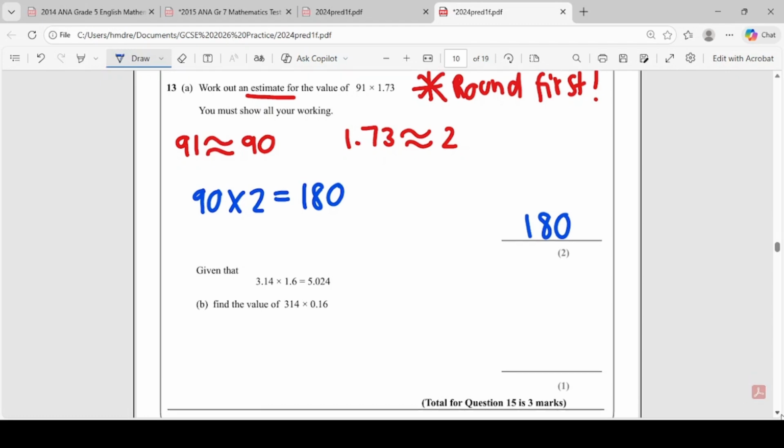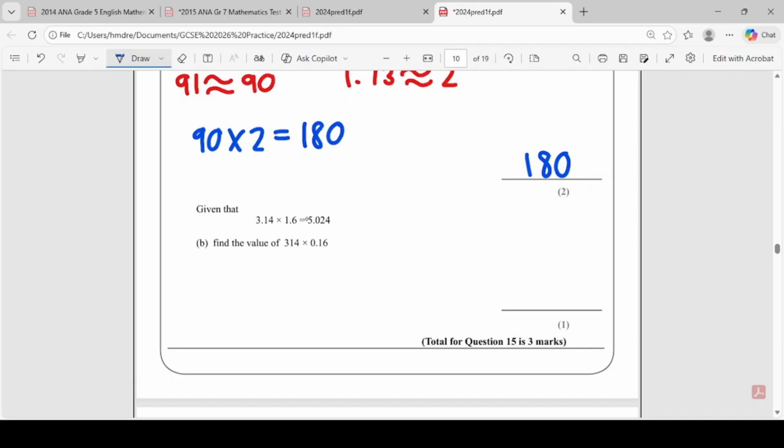Part B, we're given that 3.14 times 1.6 is this. Find the value of this. So we know the answer is going to be some form of these numbers because we can see this one is pretty similar to that. This is pretty similar to that. The only difference is they want us to do some moving of the decimal.